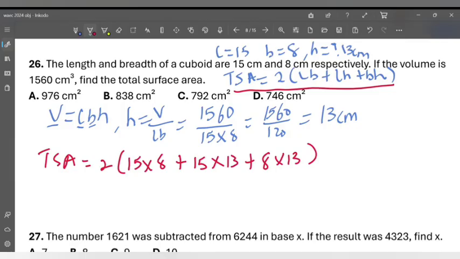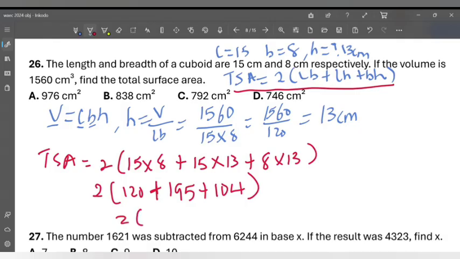So this is 2 into 120 plus 195 plus 104. When I sum up everything, I get 419. So the total surface area is equal to 2 times 419, which gives 838 centimeters squared. Option B.